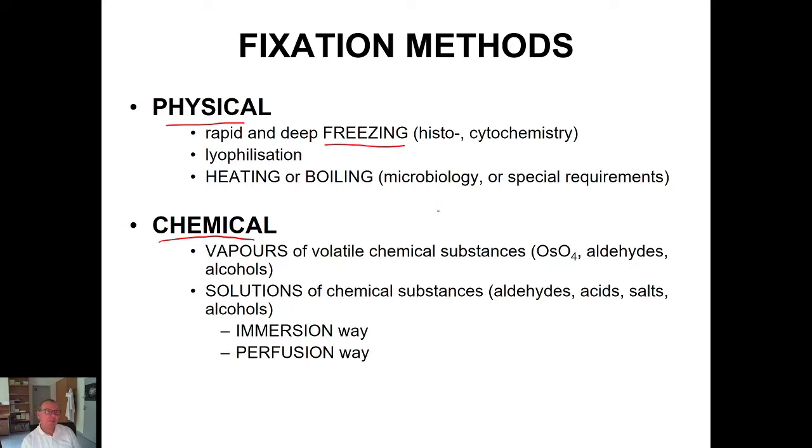If you have food which is necessary to store, you can freeze it to prevent biological processes in the tissue or in the vegetable or so. And so the freezing in the kitchen, in the refrigerator, is in fact fixation.